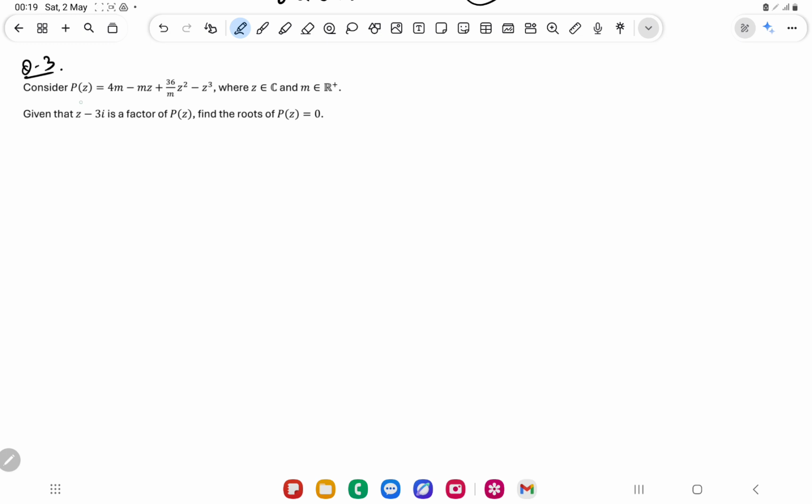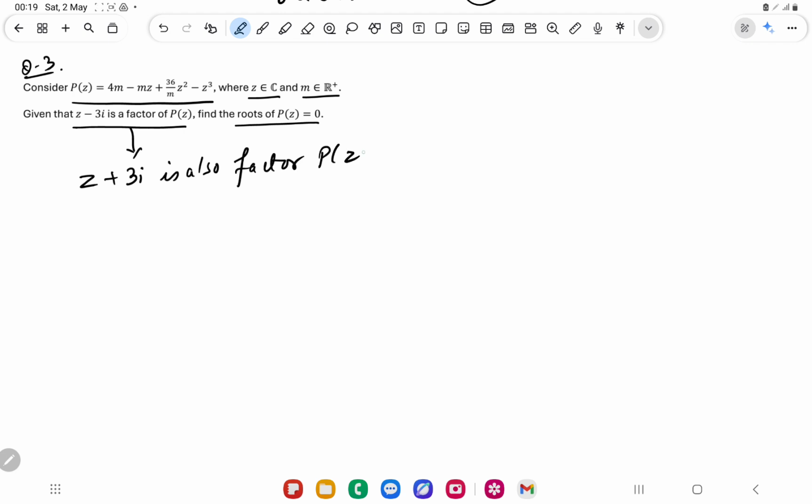Now we have p(z) as this, where z is a complex number, m is positive real, and it is given that z minus 3i is a factor. We have to find the roots. Now to find the roots, first of all, from this I can say that z plus 3i is also a factor because it is a complex conjugate.